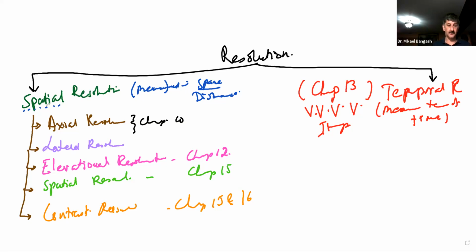In the spatial resolutions, we have lateral resolution, axial resolution, elevational resolution, spatial resolution, and contrast resolution. Temporal resolution is the kind we'll be using if you are scanning an object that is moving, either moving from place to place, or standing in one place and changing shape as we go.